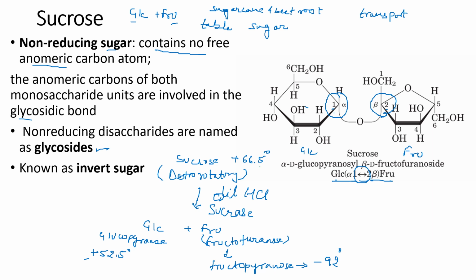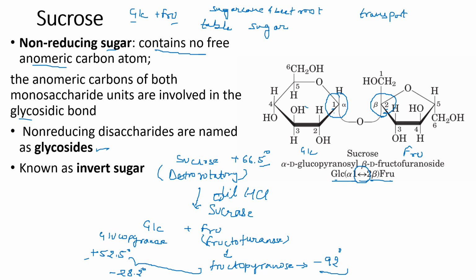Sucrose is also dextrorotatory, but the fructopyranose form is levorotatory, and the optical rotation of the net mixture upon hydrolysis is minus 28.2 degrees. So it is levorotatory.